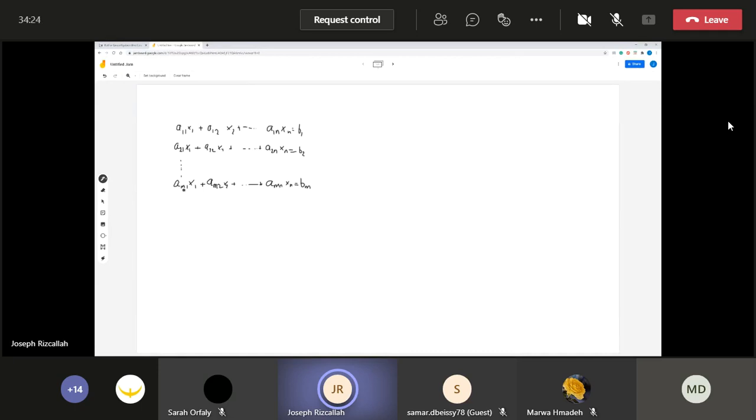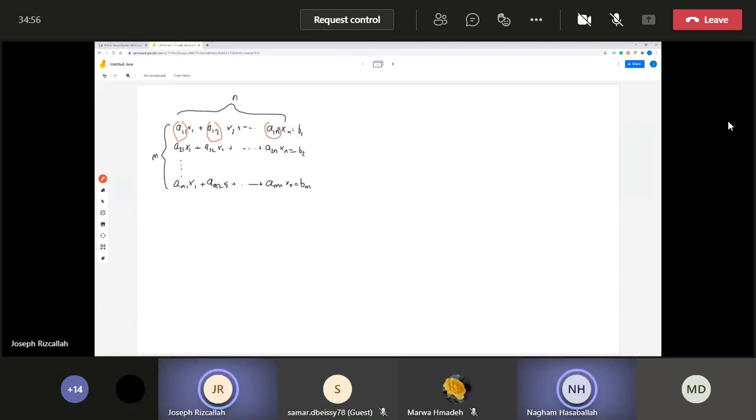Now my question was, how many equations are there? Of course, there are m equations. And how many unknowns are there? There are n unknowns. Then these coefficients, let me circle them in red, how many are there? In the first equation, there are n.